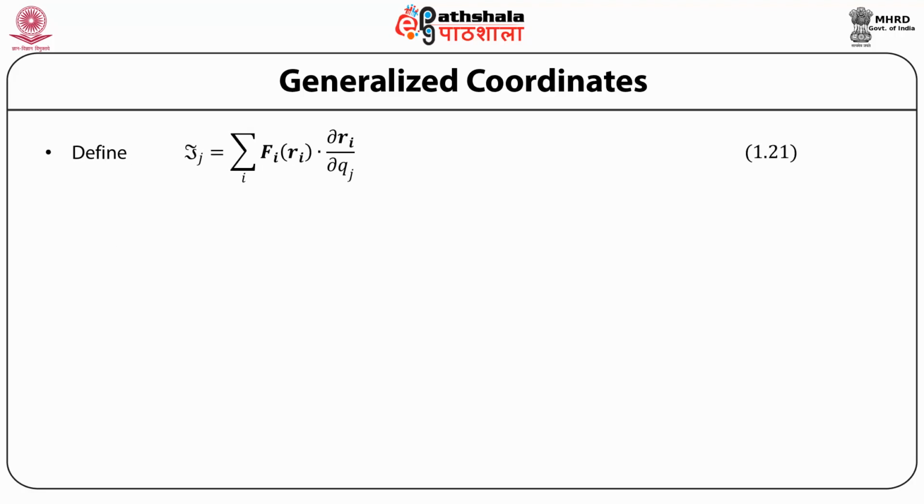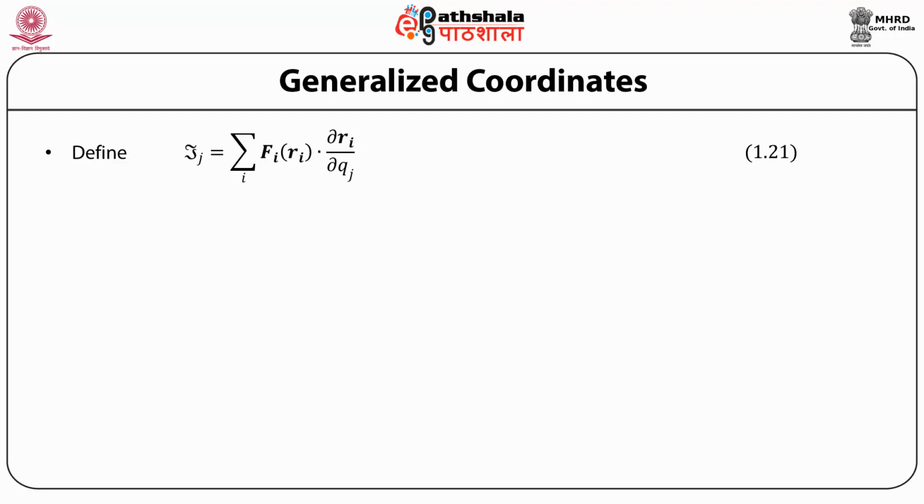Now, if you just remember that the work done delta W is Fi dot delta ri, and here we express it in terms of some quantity times delta qj. So that quantity which multiplies the delta qj is some kind of generalized force.